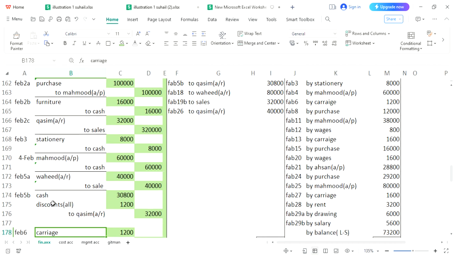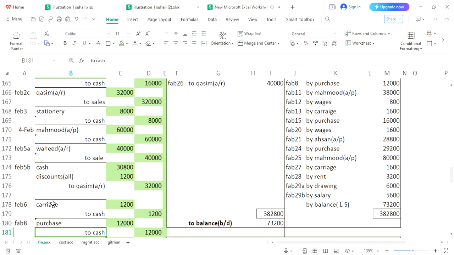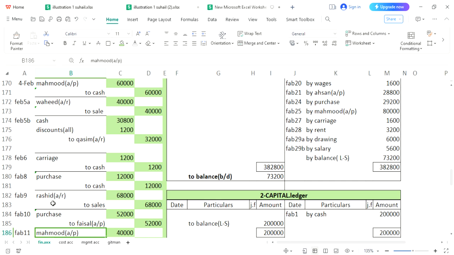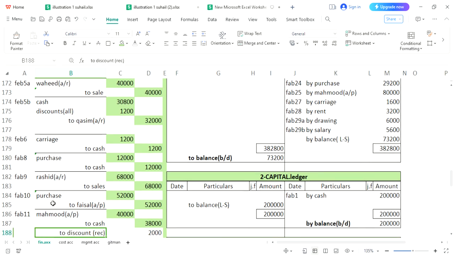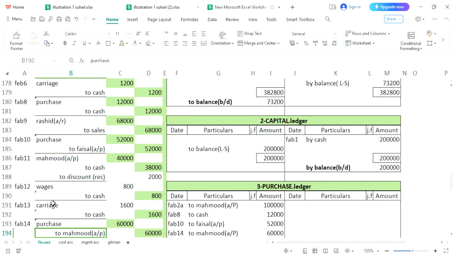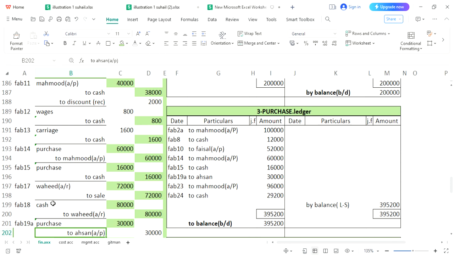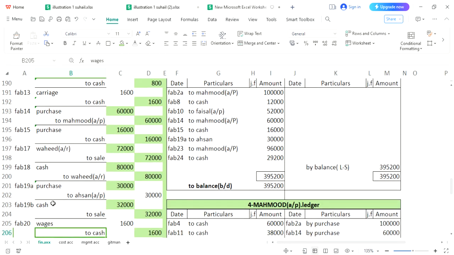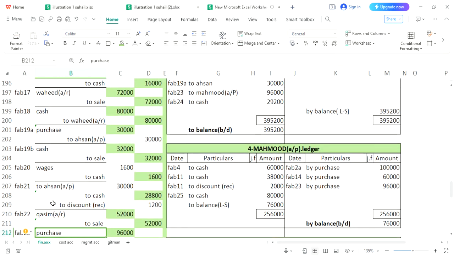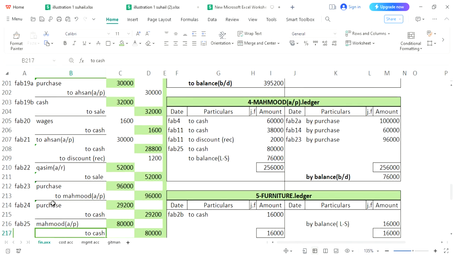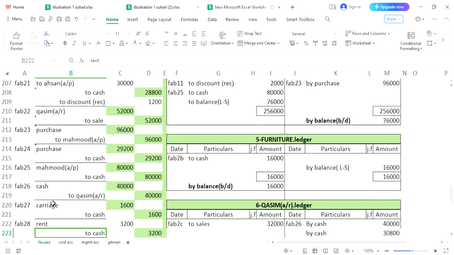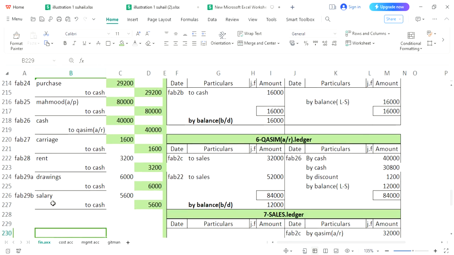So where we have seen Faisal, this was Faisal 52,000. We have bought goods from Faisal, and we are unable to see Faisal again after that entry. So the final conclusion is Faisal is not present anywhere else.